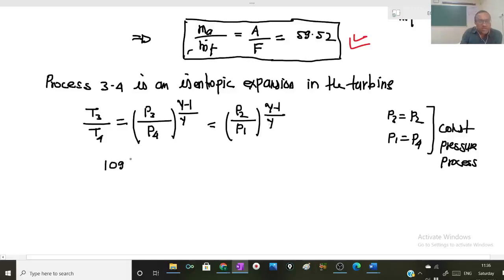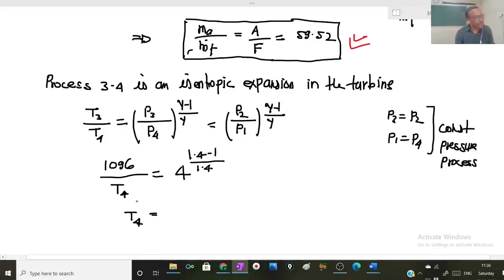Value of T3 is 1096, T4 I want to calculate. Pressure ratio is 4, and 1.4 minus 1 over 1.4. So from here the value of T4 I will get as 737.55 Kelvin.